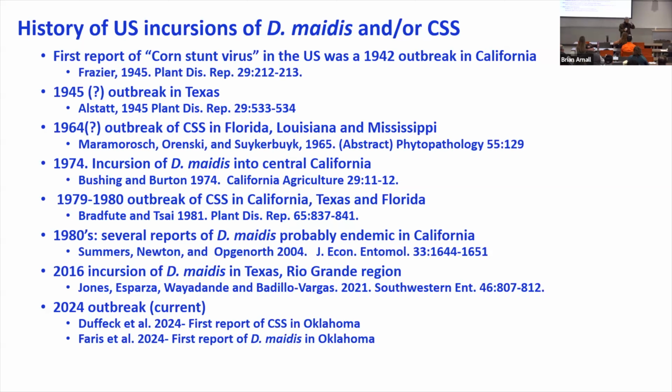So that means continuously living in the state of California. There was a 2016 incursion of Dalbulus in Texas in the Rio Grande region, documented, but without the documentation of corn stunt, as far as I know. And then finally, our outbreak here in 2024, which was major, and you guys are going to talk about that.